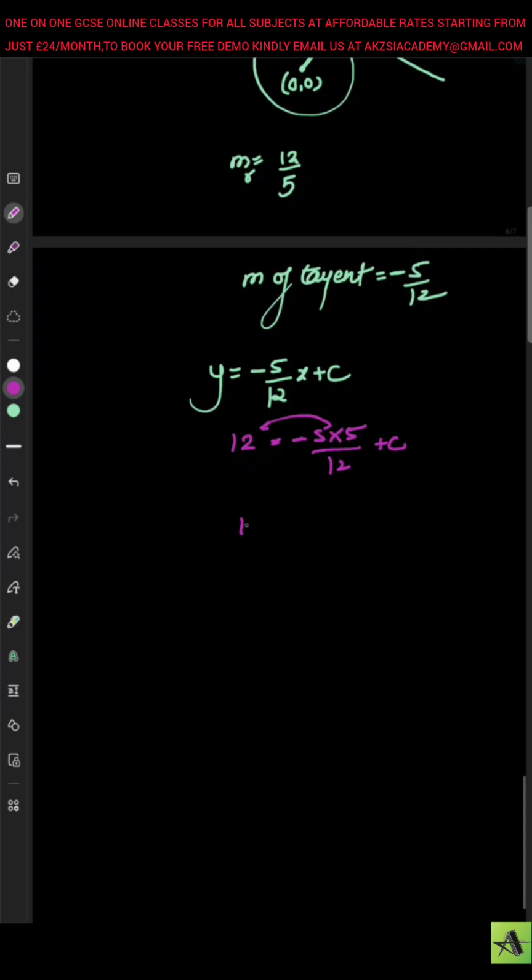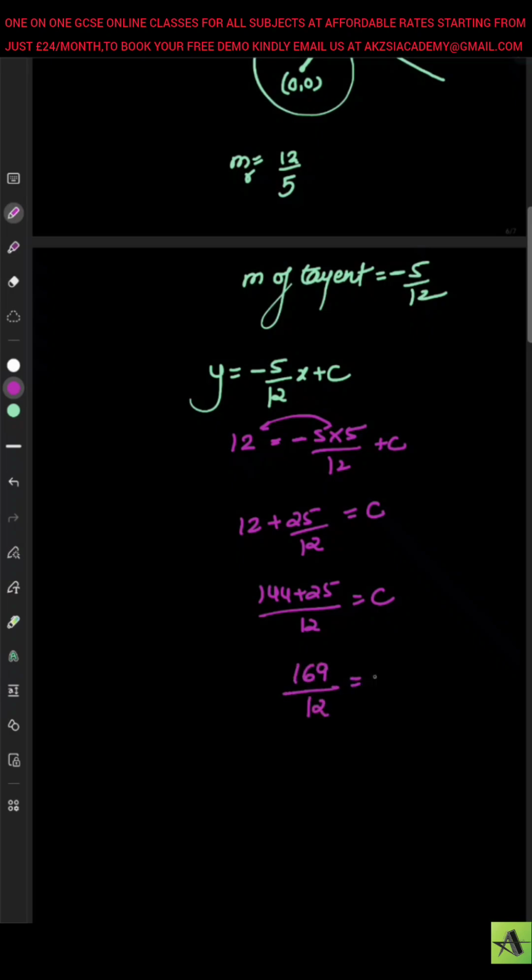So it will give you 12 plus 25 over 12 equals c, or 144 plus 25 over 12 equals c. That is 169 by 12, and that's your c. So your final equation is y equals minus 5 over 12 x plus 169 over 12.